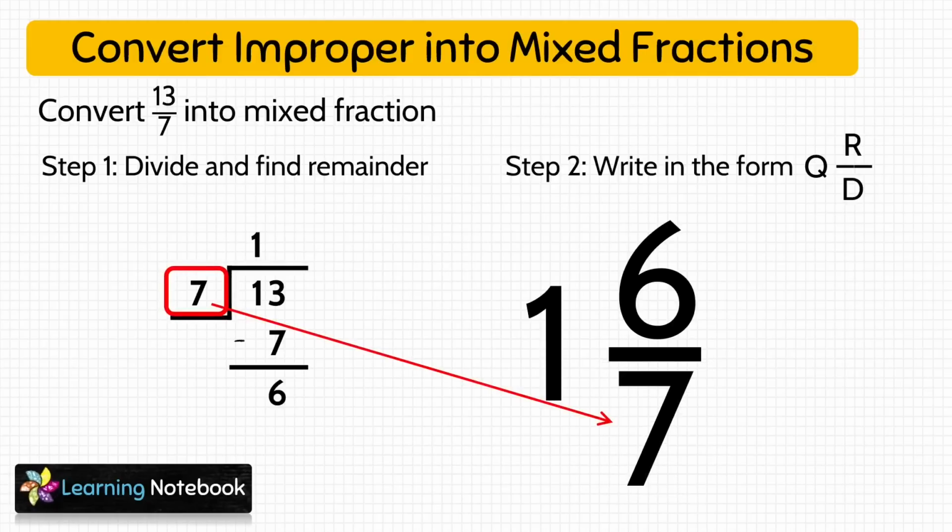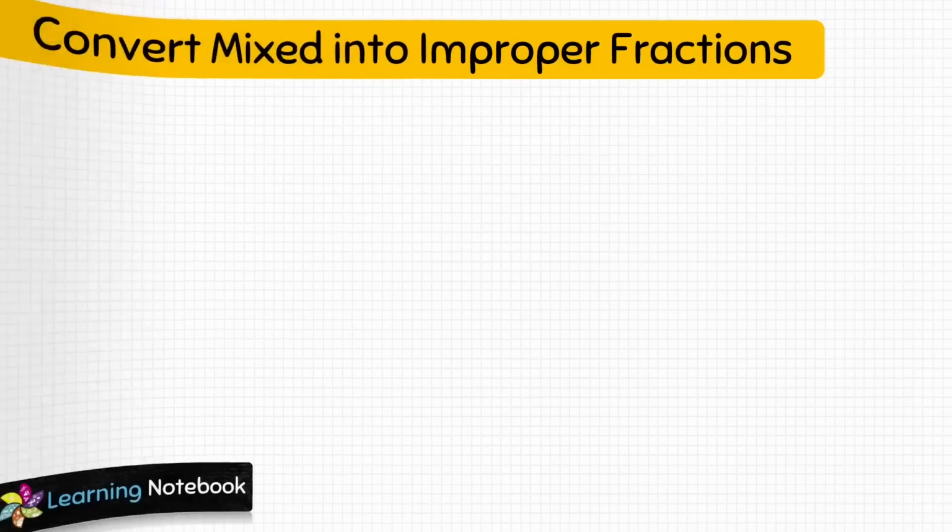So students, we have converted this improper fraction 13 by 7 into mixed fraction 1 6 by 7. So this is how we convert improper fraction into mixed fraction by following two steps.